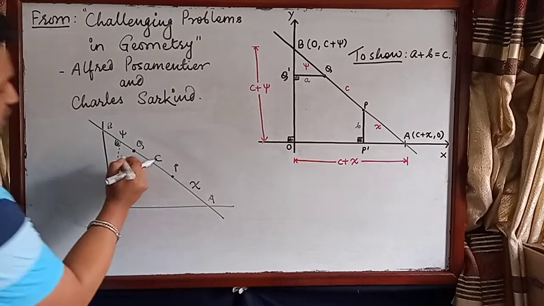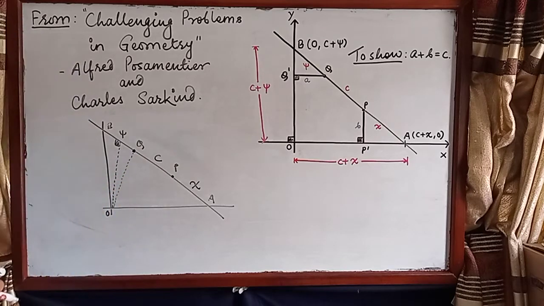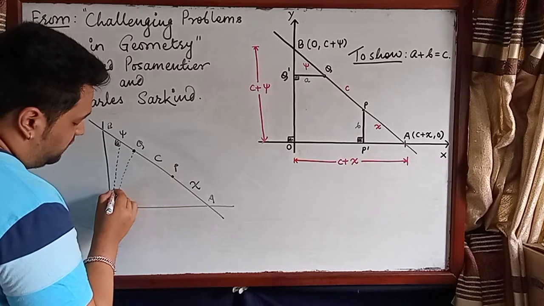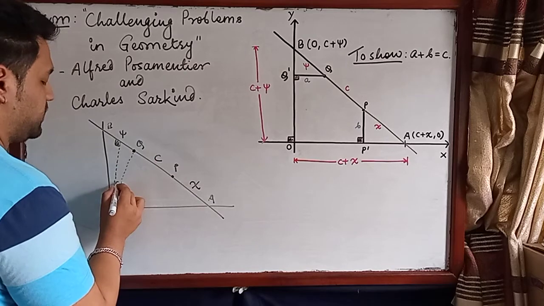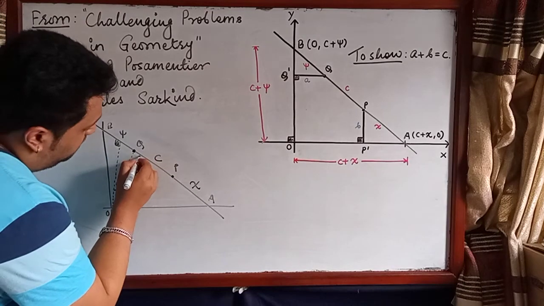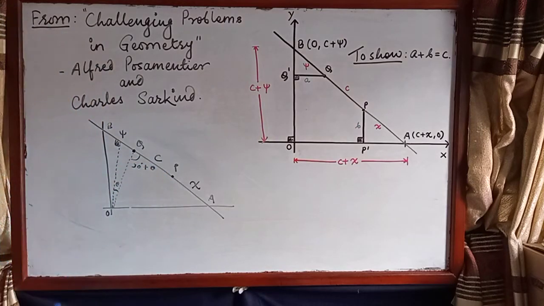Now if we join this to O, then since this is 90, this is alpha, let's call this theta, then this angle will be 90 degrees plus theta.